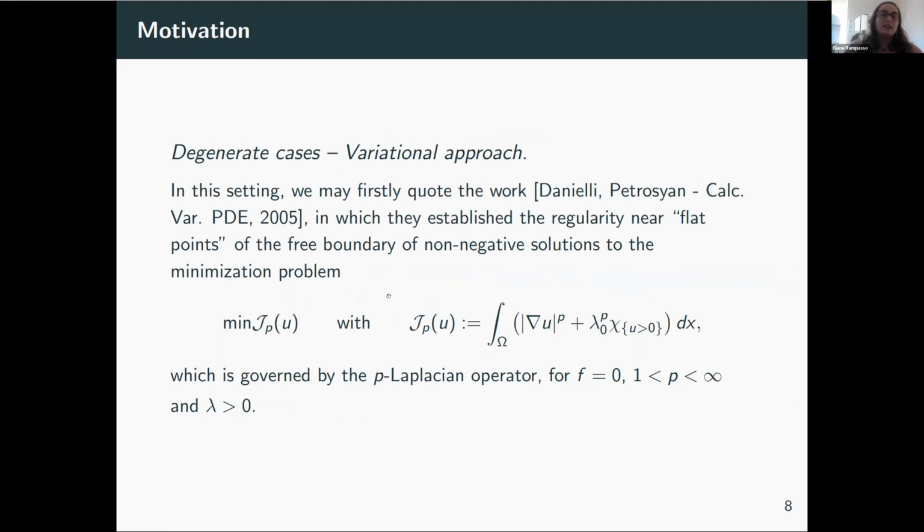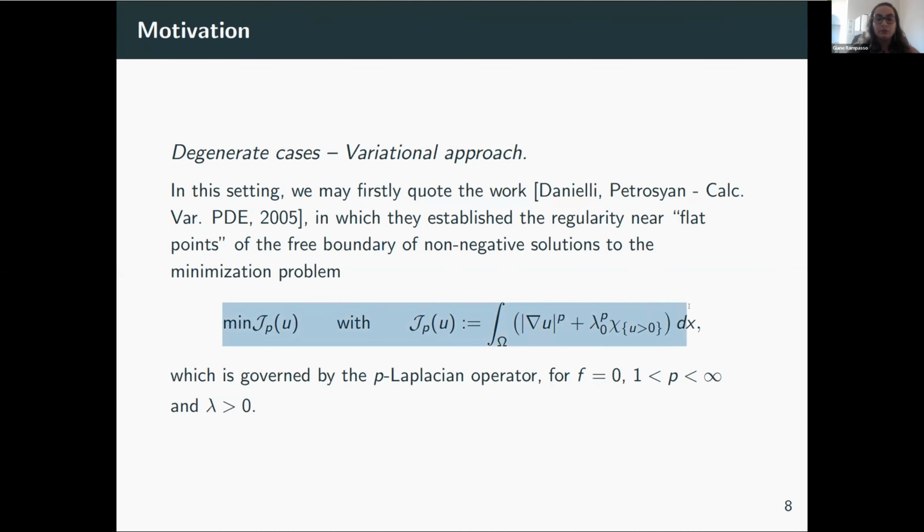In the degenerate case, still in the variational approach, we may first quote the work of Danielli and Petrosyan in 2005, in which they established the regularity near flat points of the free boundary of non-negative solutions to this minimization problem.